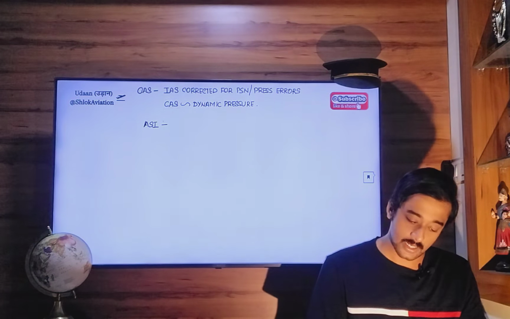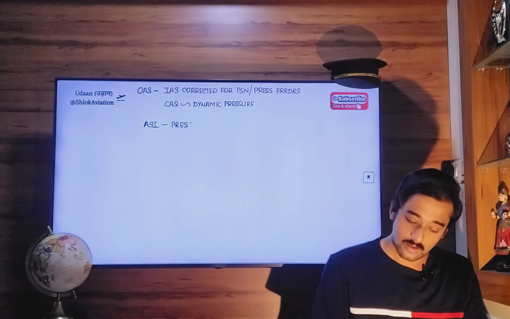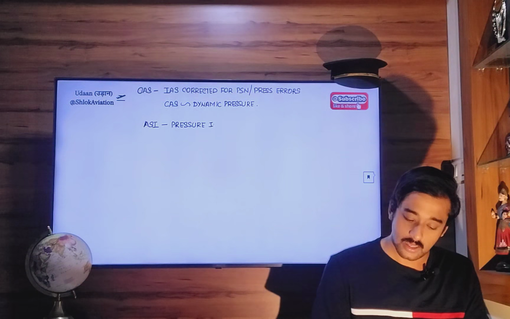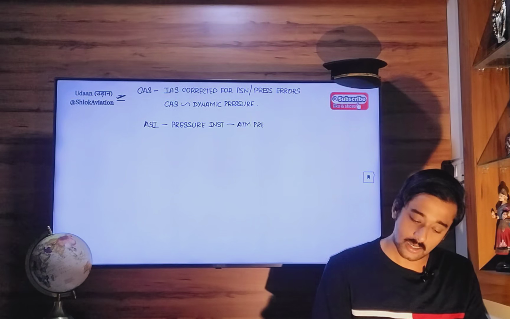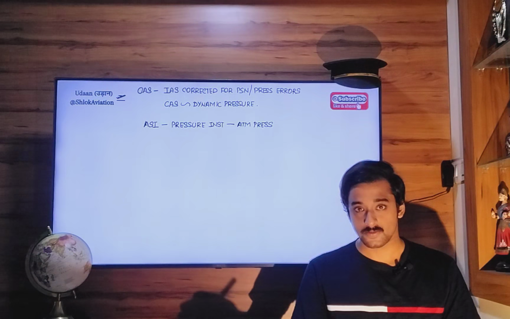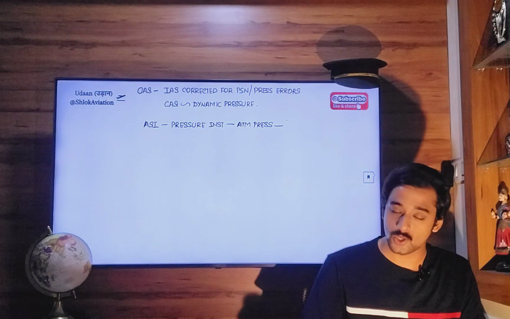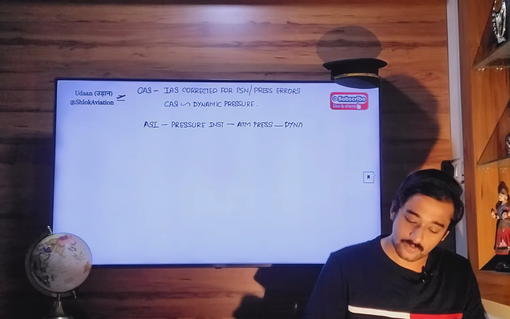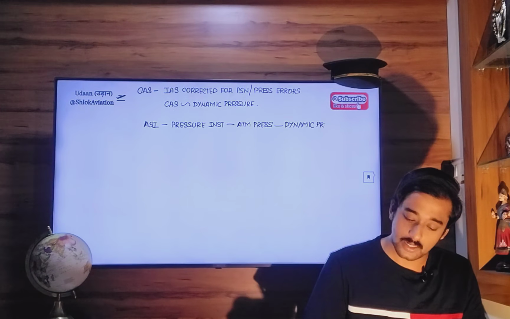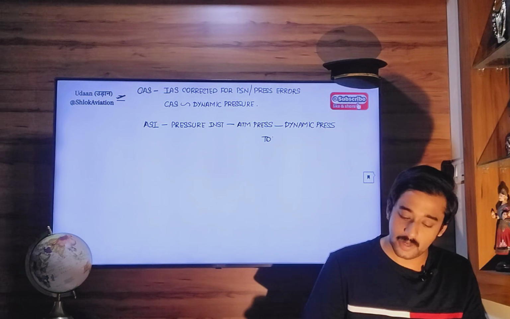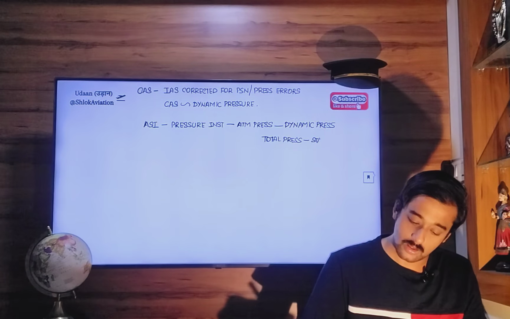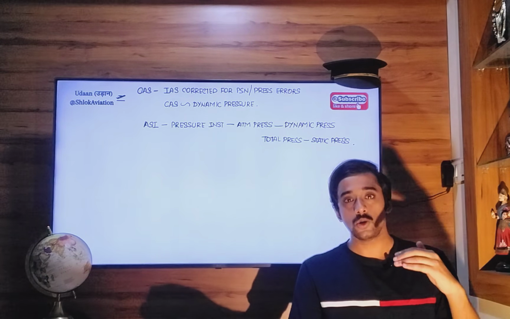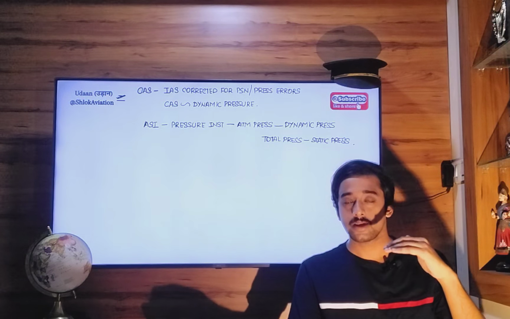Now this airspeed indicator is your pressure instrument which uses atmospheric pressure for its operation. Now, what kind of pressure does it depend on? It depends on dynamic pressure. Now, dynamic pressure is nothing but your total pressure or pitot pressure minus static pressure.